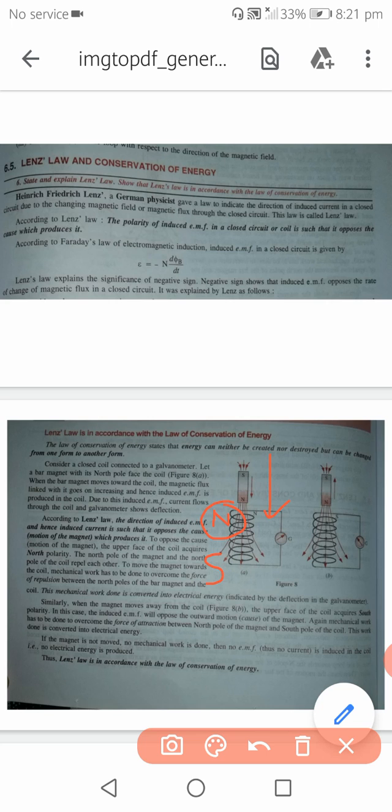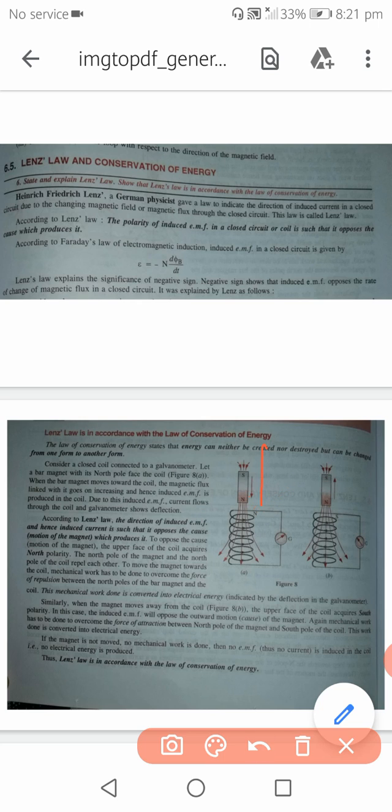As a result, this north is brought towards this and there is again a north pole. That means between these two north poles there will be repulsion. So in other words, the coil is repelling the magnet from coming near it.